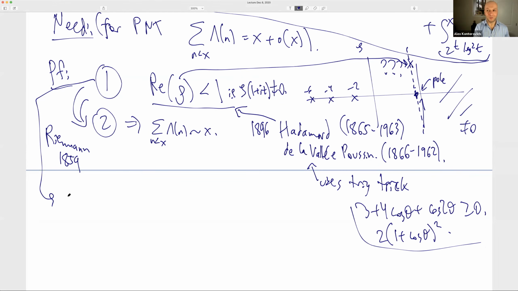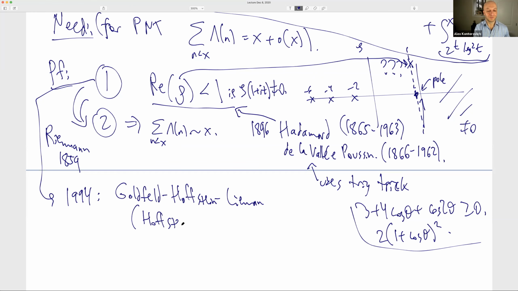But the proof that I want to sketch for you, we're going to take a break, but the proof that I want to sketch for you is from 1994. Brilliant idea of, this is an appendix by Goldfeld, Hoffstein, and Lieman to a paper of Hoffstein and Lockhart, an Annals paper, which makes this trick into something robust.